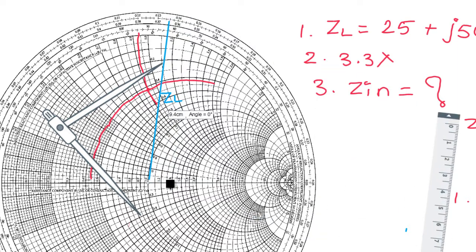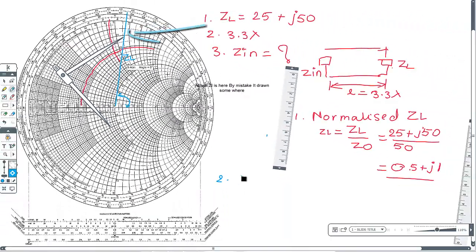From this we get the angle, because we have to find the reflection coefficient, which is in angle and magnitude form.